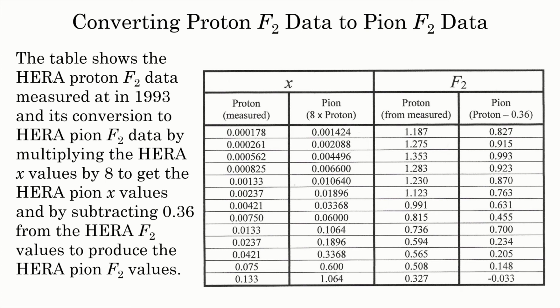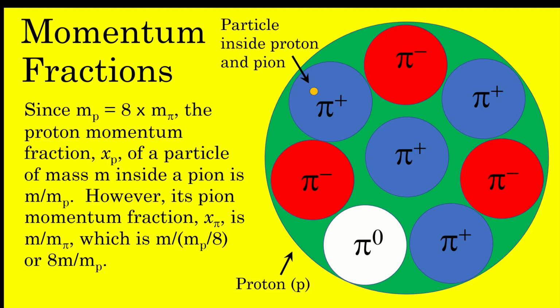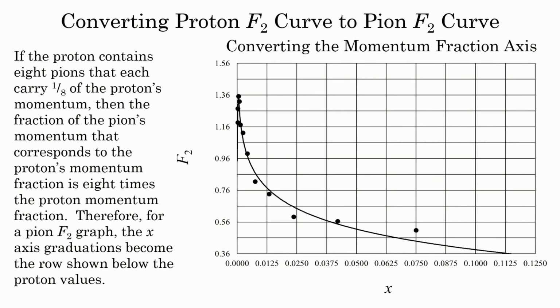A table of the HERA proton F2 data is shown with the conversions to the pion F2 data. Since it appears the proton is 8 pions, its mass is 8 times the pion's mass. Therefore, a particle carrying a given fraction of the proton's momentum is carrying 8 times that fraction of the pion's momentum. The momentum fraction conversion is easily reflected on the HERA proton F2 graph.